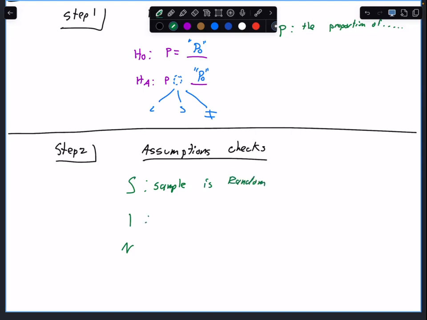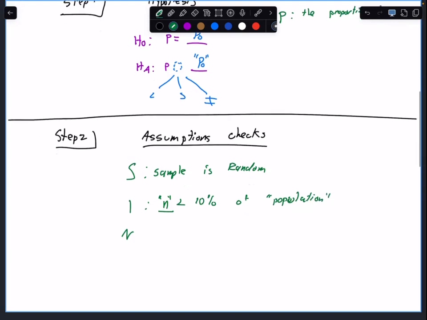And the sample is independent, or such that n is less than 10% of the population. And finally, normality is where we do n times P0, not p hat, is at least 10, and n times 1 minus P0 is at least 10.